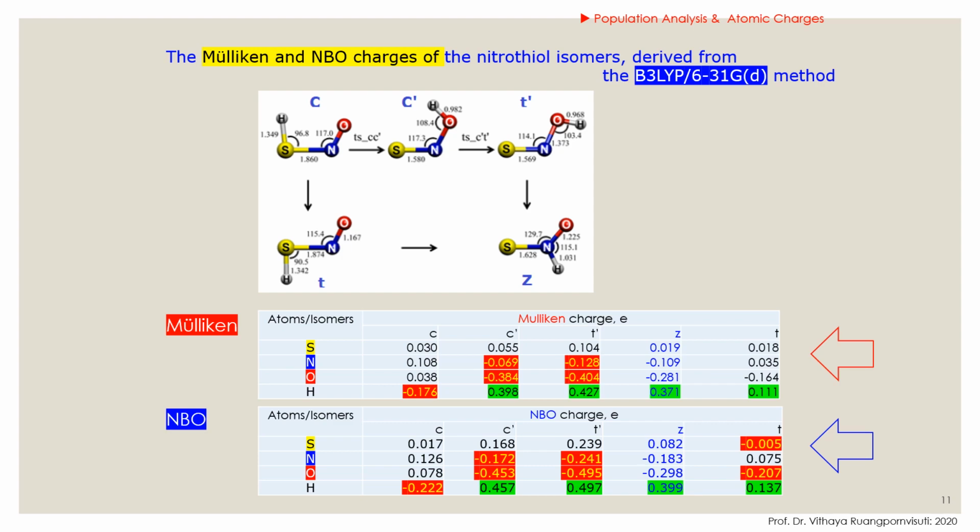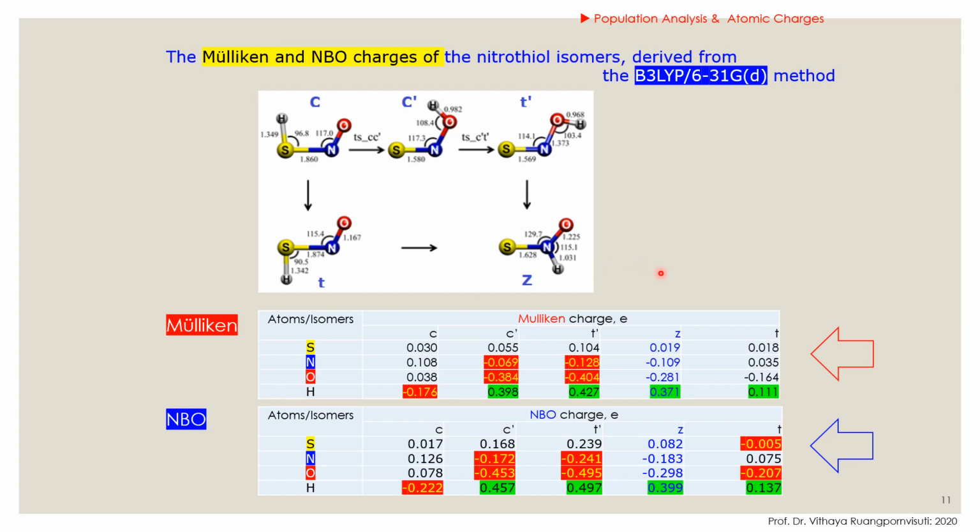There are 5 isomers such as C, C', T', Z, and T isomer. There are 4 atoms in each isomer: sulfur, nitrogen, oxygen, and hydrogen atoms.